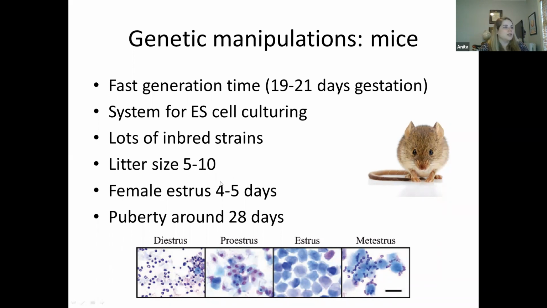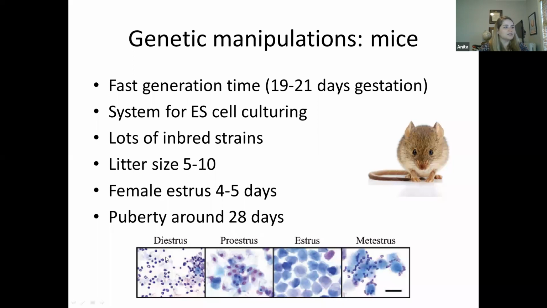Of course, female estrus cycle is 4 to 5 days. I only mention this because it seems like a lot of people aren't aware of how long female estrus is. And then you can actually check the estrus cycle, just for your information. You can look at the cells that are in the vagina at different parts of this cycle, and stain them.